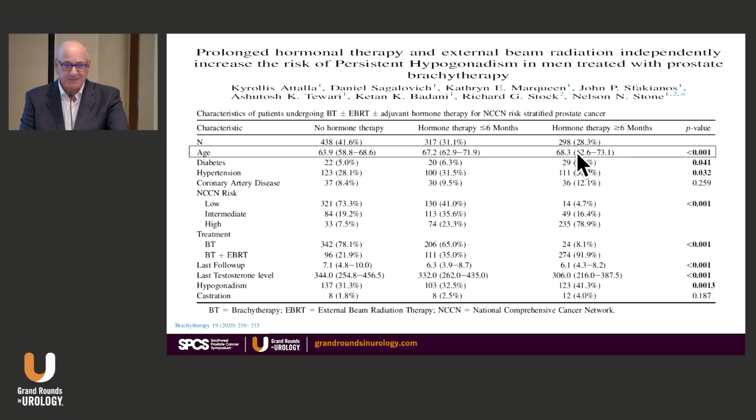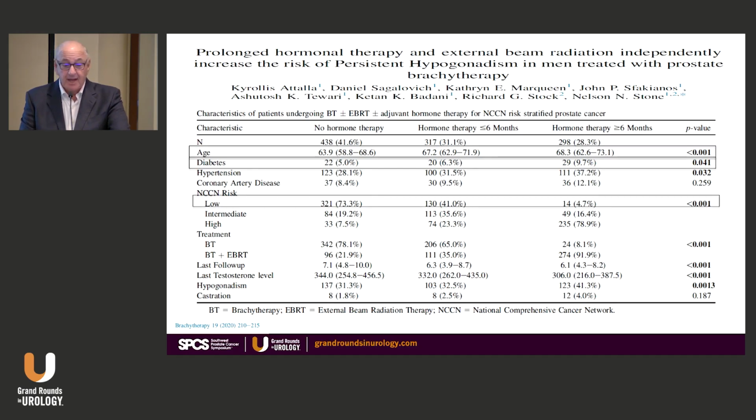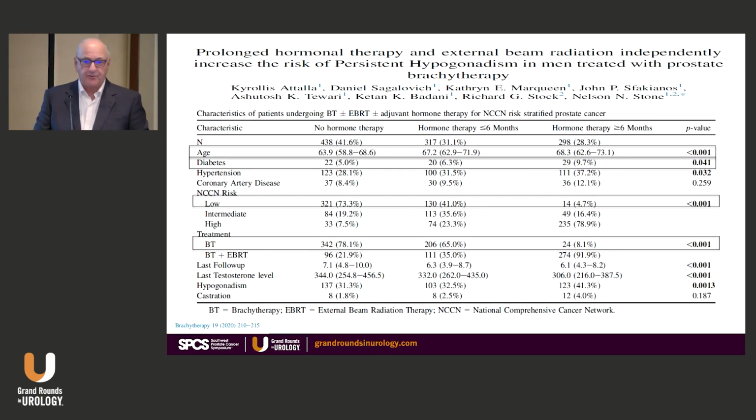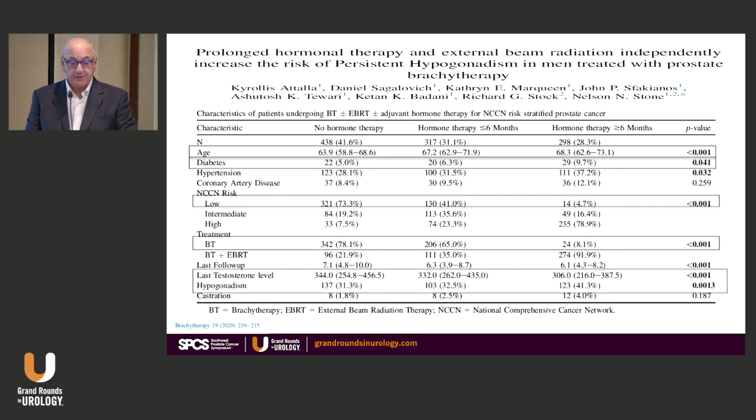Older patients get more hormonal therapy, and they have more diabetes, which makes sense, and because most of them have higher risk disease, they're getting more combination therapy than brachytherapy. So you have all these mixed variables, so you need to do multivariate analysis to see which really is important when you have these mixed groups of patients.